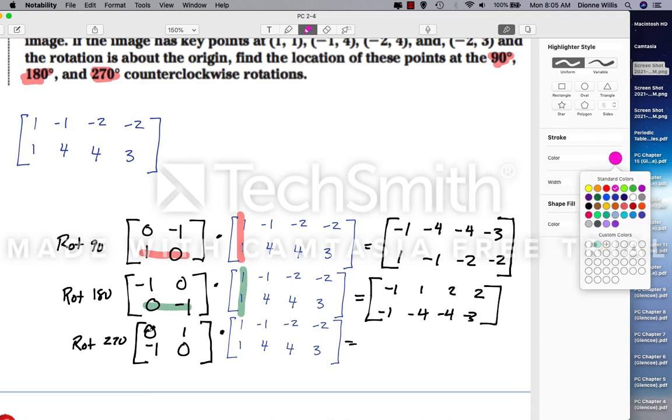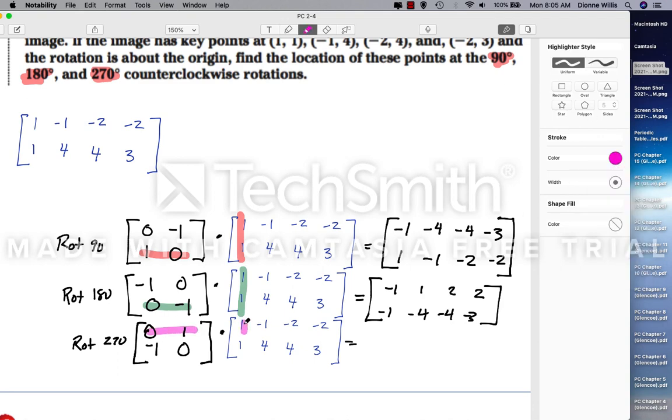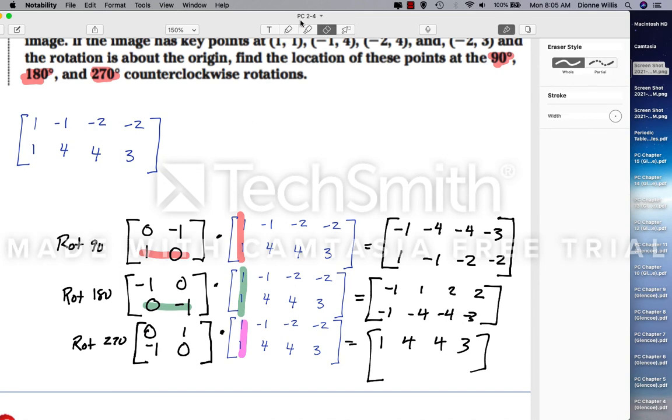And finally down here, let's consider again what's happening when we multiply. I'm seeing that multiplying this row by this column, I am actually going to get rid of the x term, but the y term will remain as the x coordinates. And so this top row is going to be 1, 4, 4, 3. And then if I look at this second row, or how I'm going to get my y values, I'm going to be multiplying all the x terms by a negative, and the y terms will not be added to it.